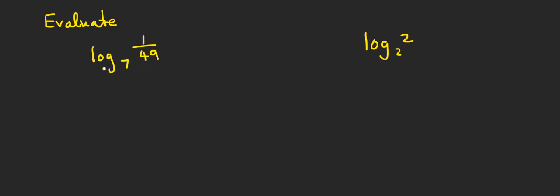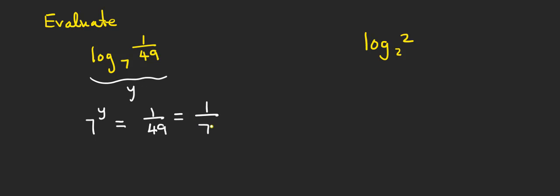Now, let's evaluate log base 7 of 1 over 49. So again, let's represent this whole thing as y. And remember, log is an exponent. So base 7 to the power of y is equal to 1 over 49. And you know that 1 over 49 is the same thing as 1 over 7 squared.